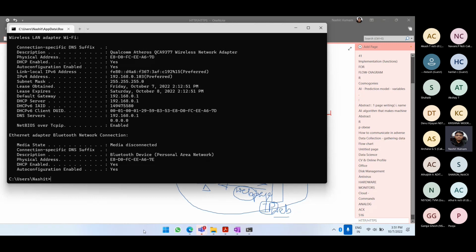Most devices would have two. So the first, primary, is 192.168.0.1. That is my primary DNS server, and 0.0.0.0, which I believe is nothing, is my secondary DNS server. Now this DNS server is the same as my default gateway, or my service provider.